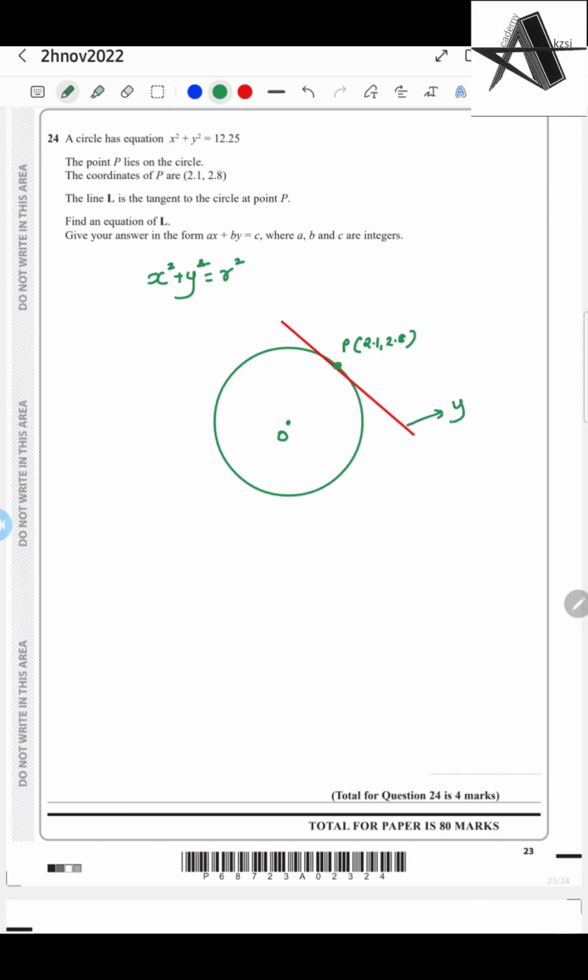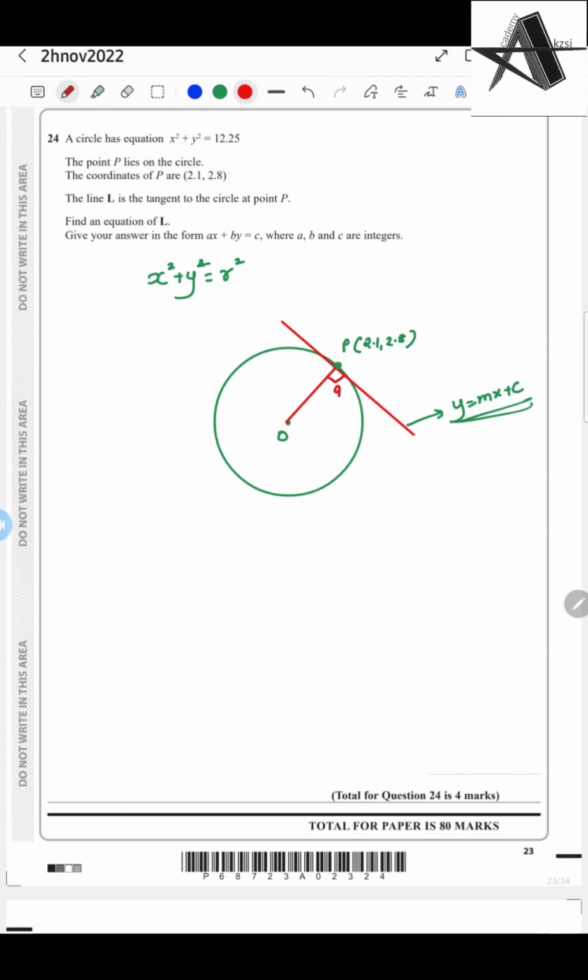This is y equals mx plus c, and I should know the gradient. To calculate the gradient, I have one thing, the radius. There is a circle theorem which says that the angle between the radius and the tangent of the circle is always 90 degrees.